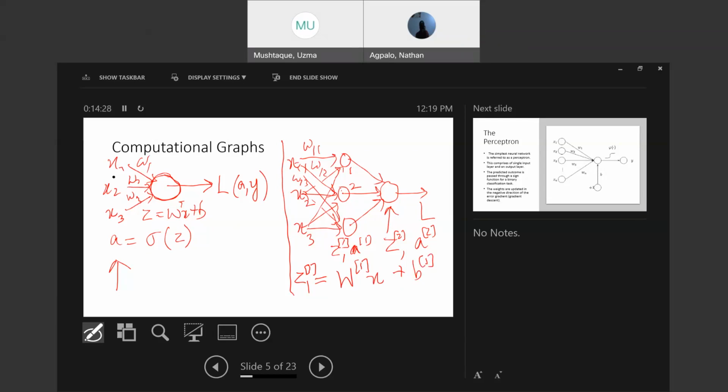Now A1 will still be the same. It's just the sigma of this Z1. And there is no subscript 1. Let's remove the subscript. Let's keep the superscript for which layer I'm going into. Let's have the square bracket and the superscript at the top.